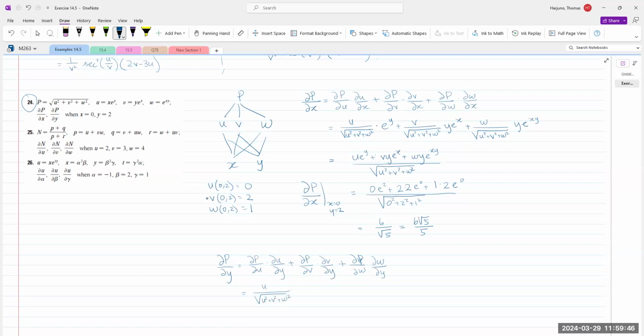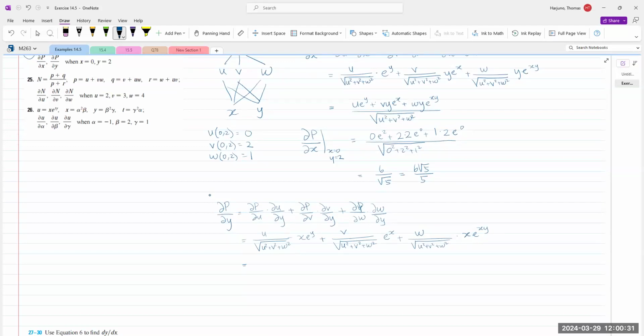With respect to y, that will be x e to the y, plus phi over square root of u squared plus phi squared plus w squared, and then with respect to y, that's e to the x, plus w over square root of u squared plus phi squared plus w squared times the derivative of e to the xy with respect to y, that's x e to the xy.